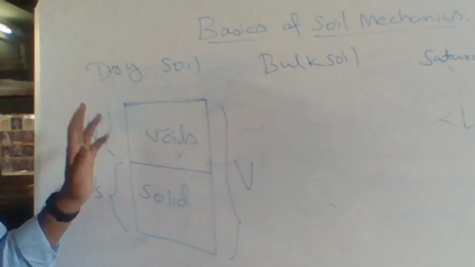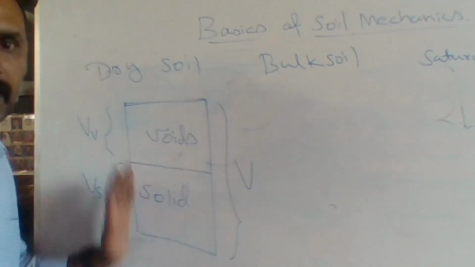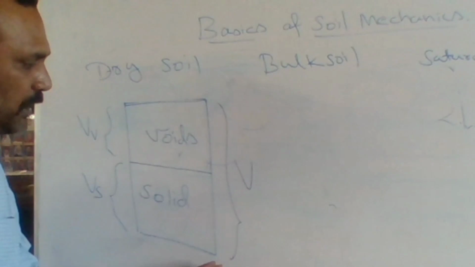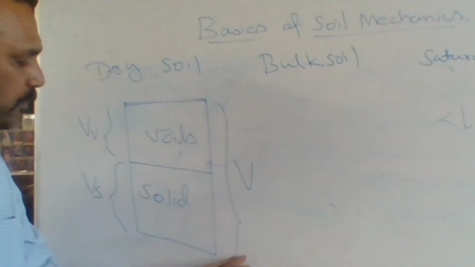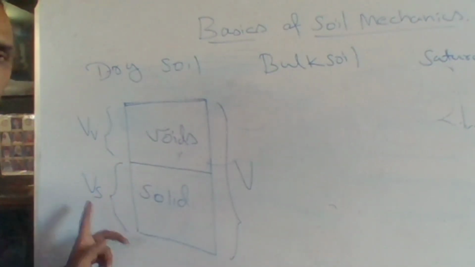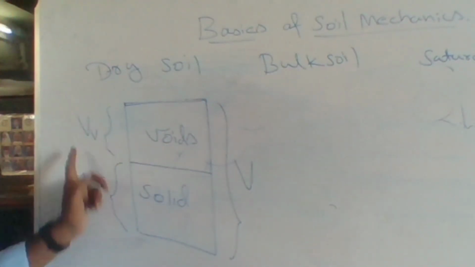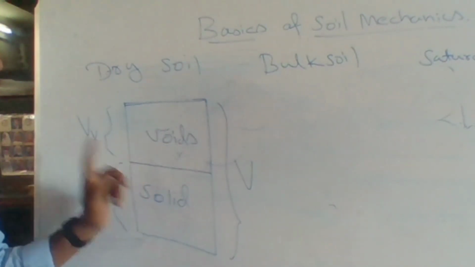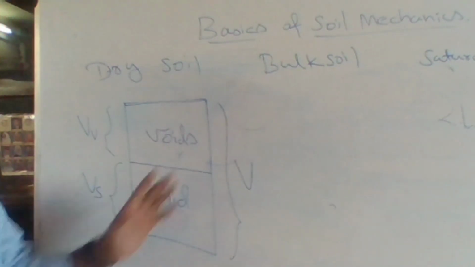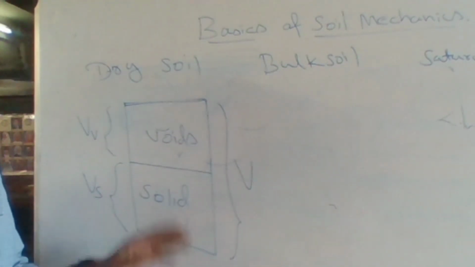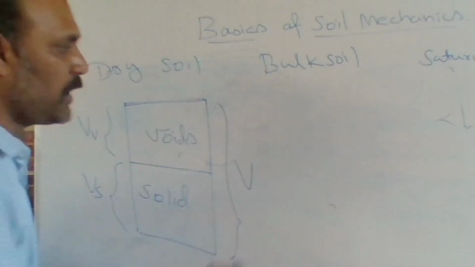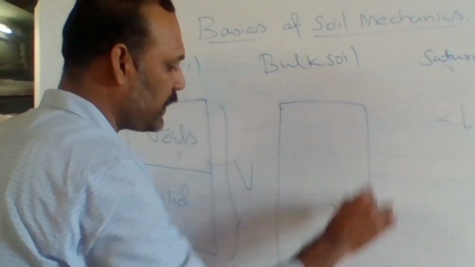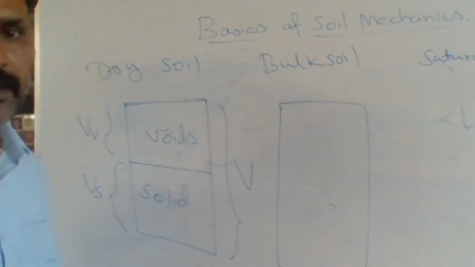The soil is filled with voids and solids, so totally we call it total volume: volume of solids, VS, and volume of voids, VV. V means nothing else, it's the total volume. So coming to the bulk soil, we know that the bulk soil is covered with water.